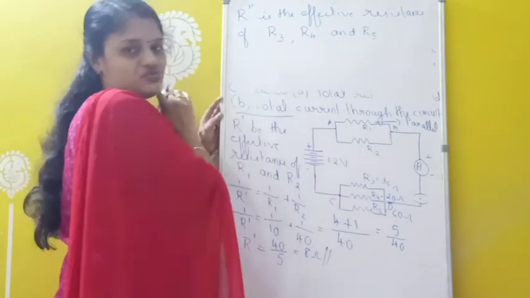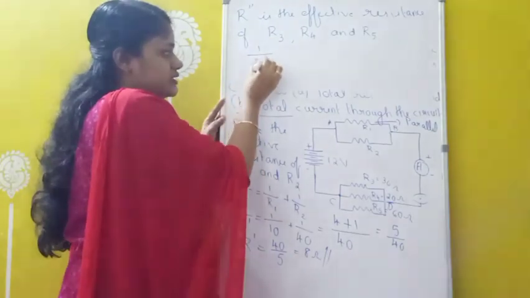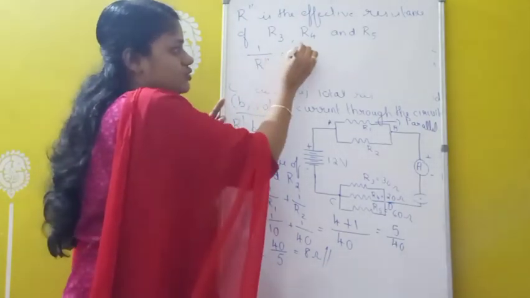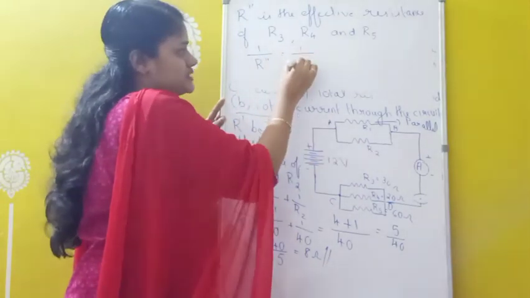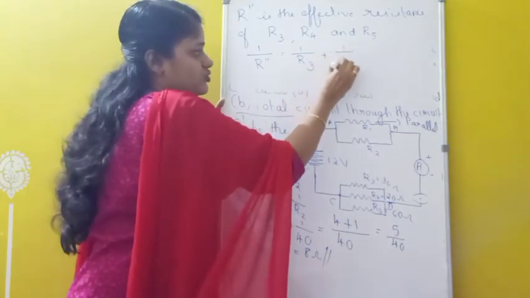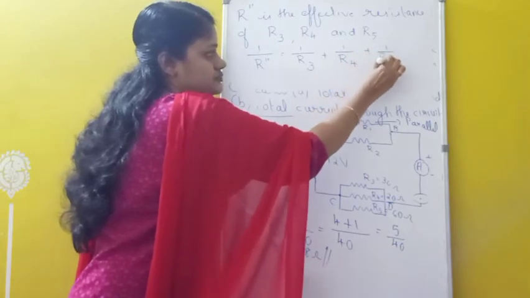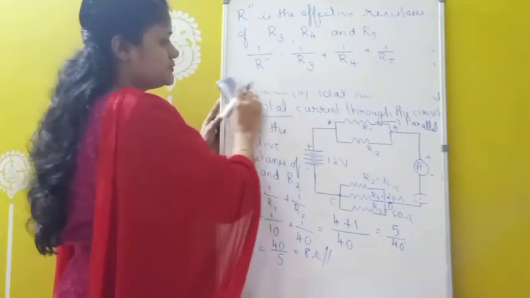Okay. So now how will you find effective resistance? 1 by R double dash equals 1 by R2 plus, not R2, R3, 1 by R3 plus 1 by R4 plus 1 by R5. Now you have to substitute the values.